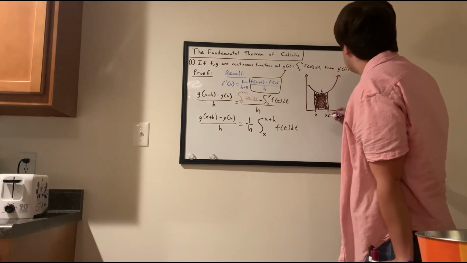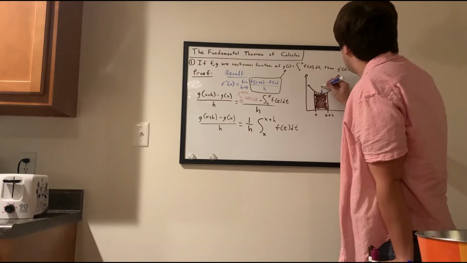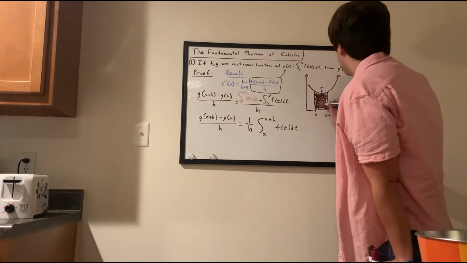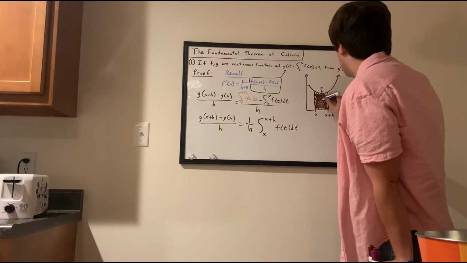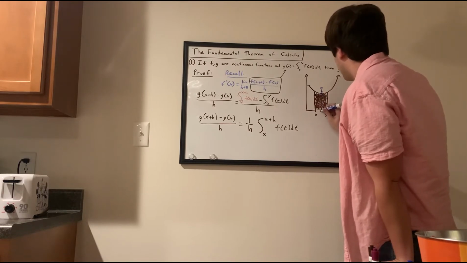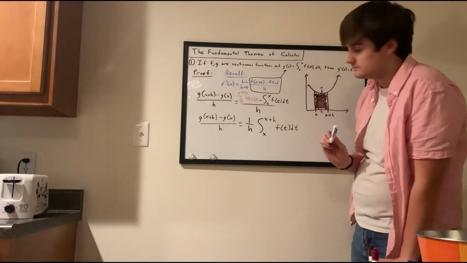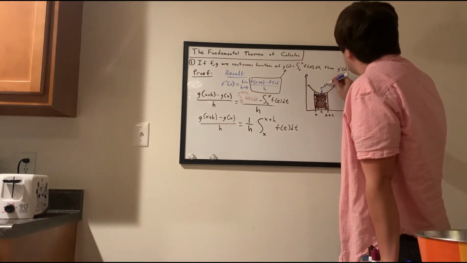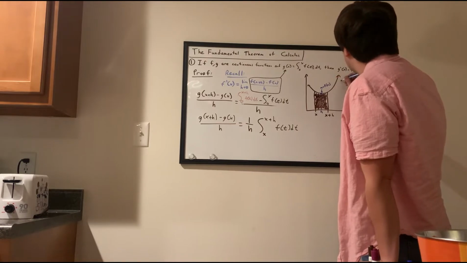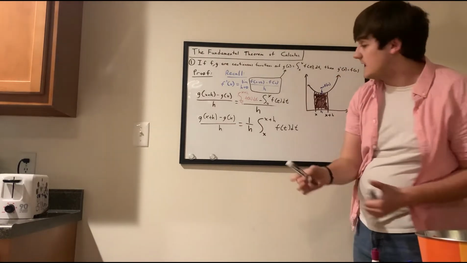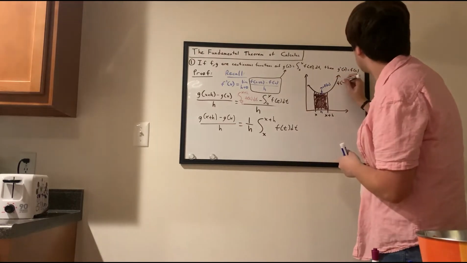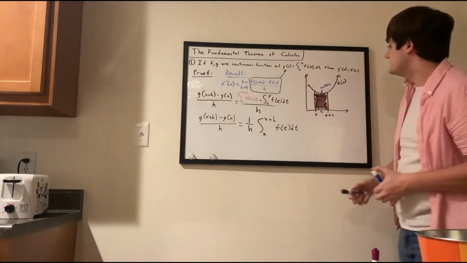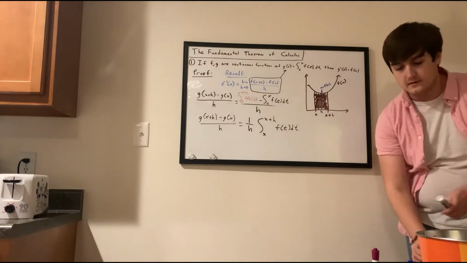I'll call this little m, and I'll call the point x1. So this is the same thing as f of x1, because this curve is f of x. So that little m, that minimum value, is simply f of x1.